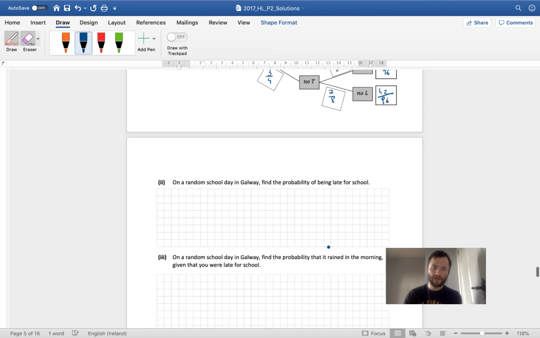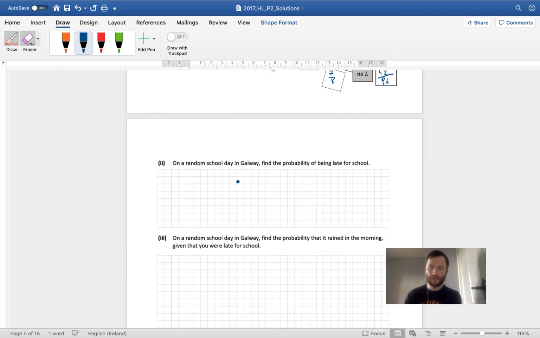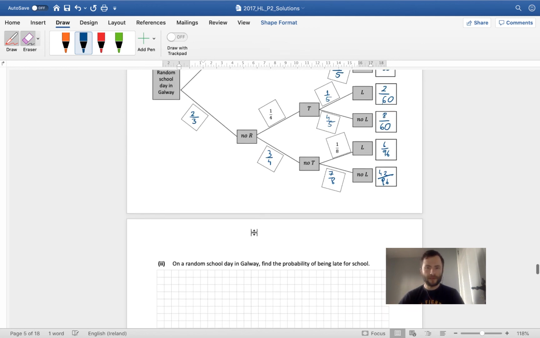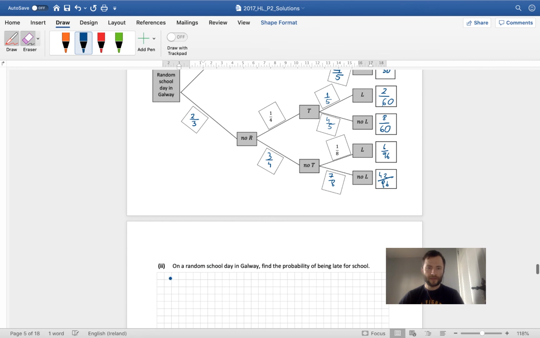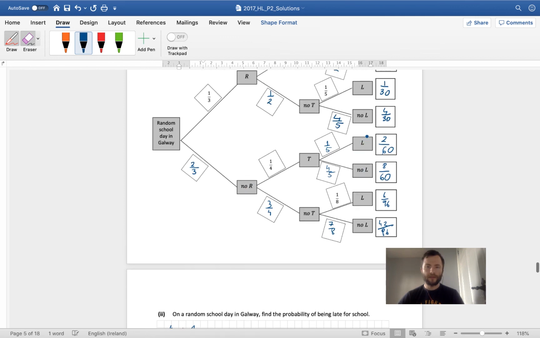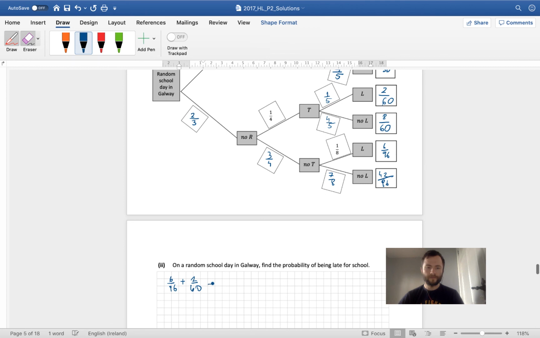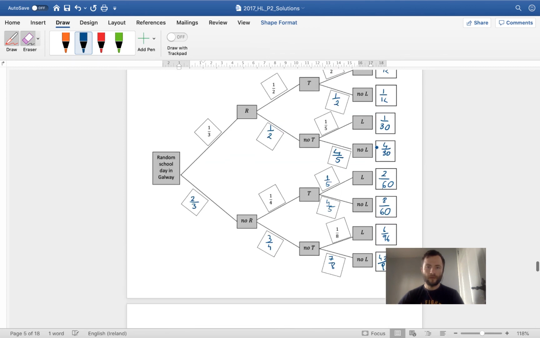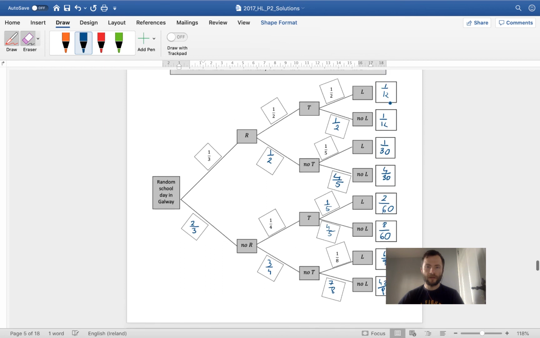So now let's figure out, on a random school day in Galway, the probability of being late to school. The probability of being late to school is just going from the bottom, 6/96, or 2/60 if it's no rain and traffic. Then 1/30, and 1/12.